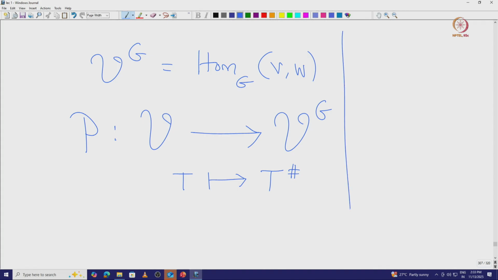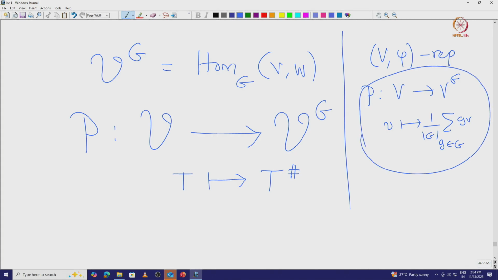So, if we have, let us say, a representation V, then recall that we can define this projection map from V to V^G by taking v goes to this average sum of g·v, where g in G. One can divide by the order of G so that it becomes identity on V^G, and we verified that this projection is indeed an onto map on V^G, and when you restrict to V^G it is indeed the identity map.